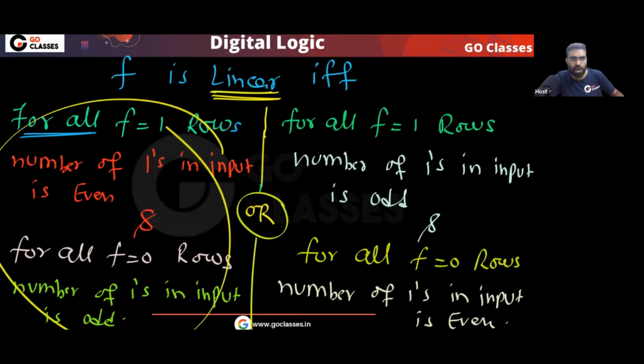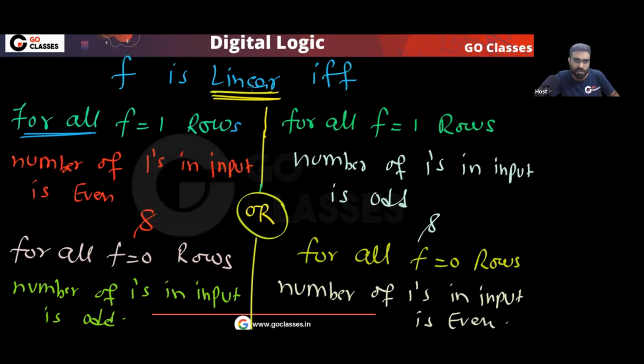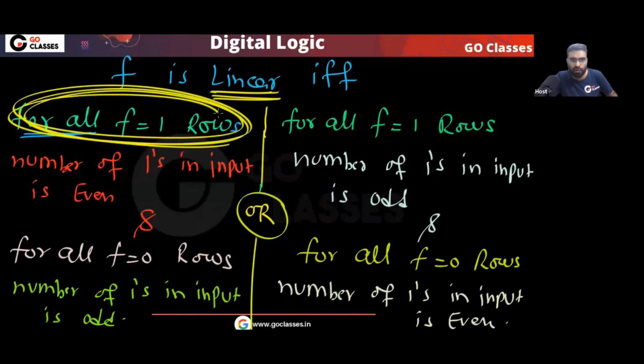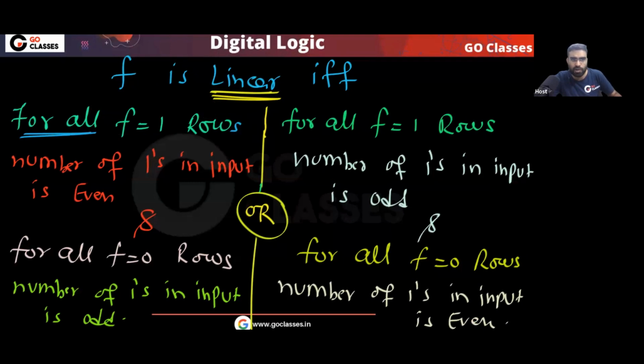Either this should happen or this should happen. So when can I say a function is linear? If you want to check if a function is linear, just check whether this is true or this is true. For all f equal to 1 rows, the number of ones in the input should be even, and for all the f equal to 0 rows, the number of ones in the input should be odd.